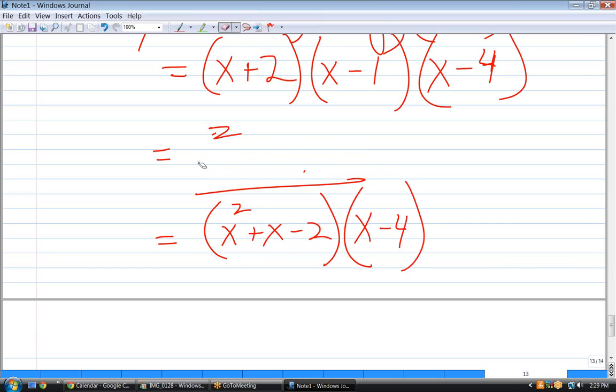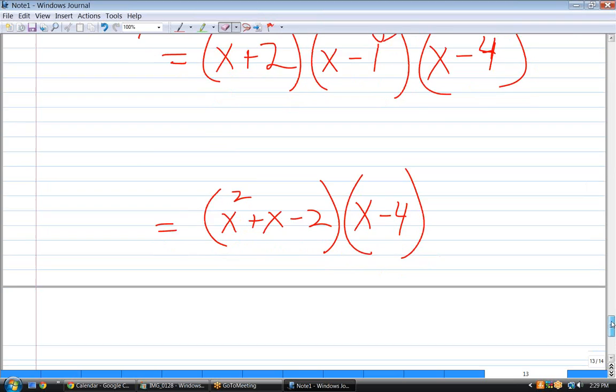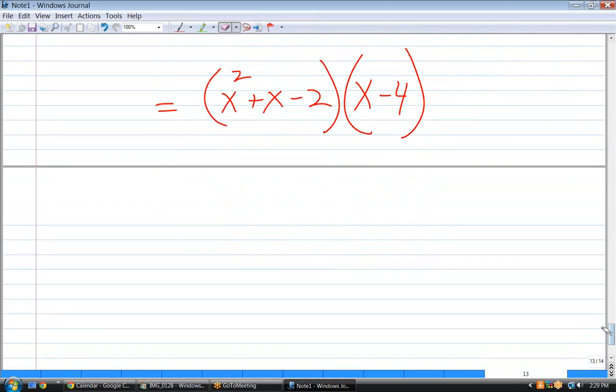And this is where foiling wouldn't really work, because foiling only works when you have a binomial times a binomial. But ET does work. Multiply every term by every term. So it would be x cubed, plus 4x cubed. Minus 4x squared, sorry.